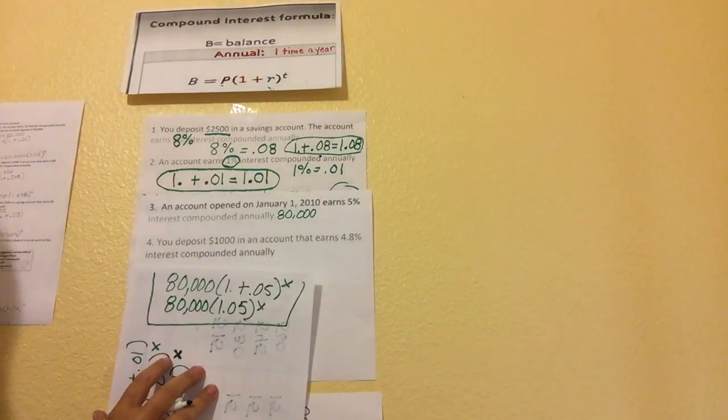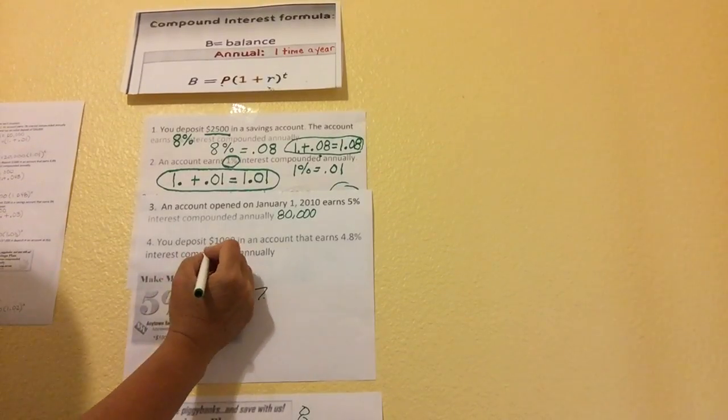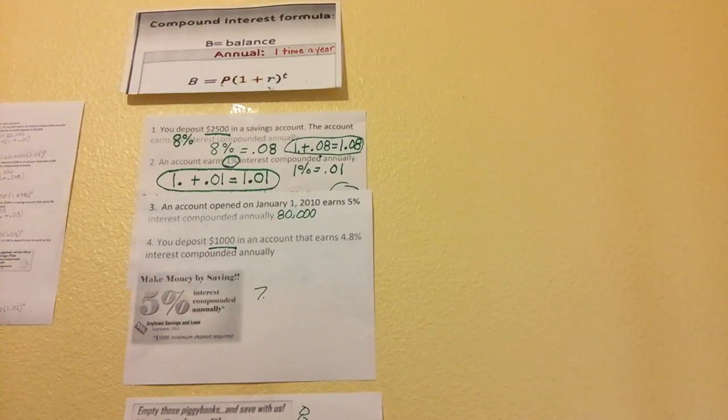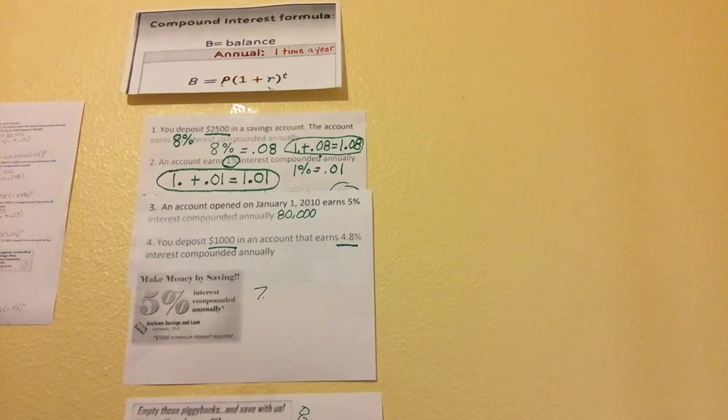Okay, so number 4 says you deposit $1,000 in an account that earns 4.8%, and the interest is compounding annually.